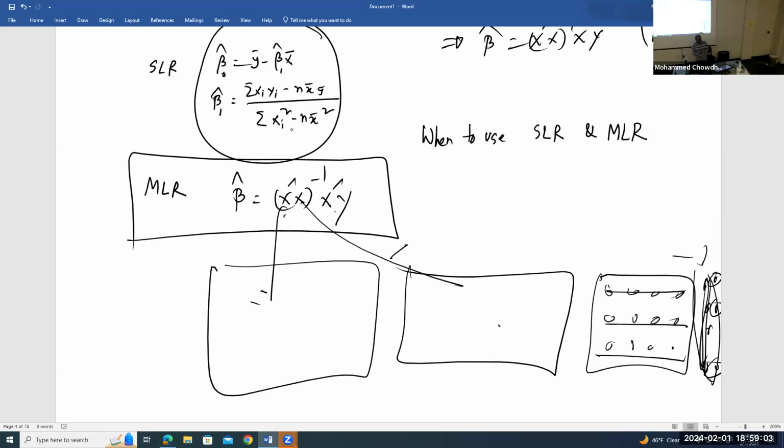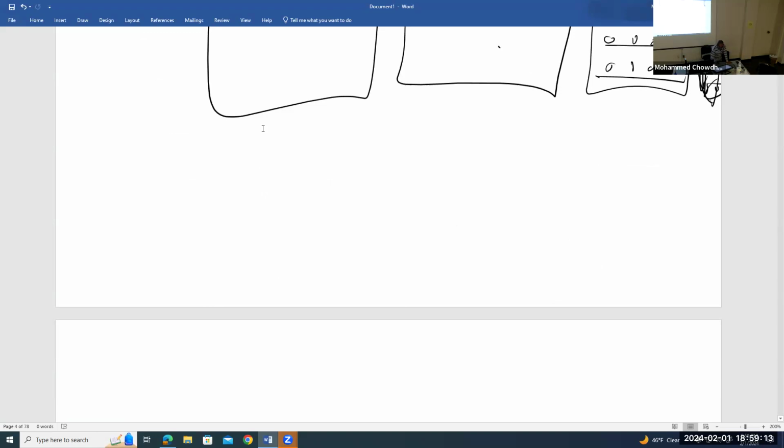Now I want to tell you when to use this regression. Listen carefully. If you want to use this regression, first of all, y must be continuous or quantitative. If your y is not continuous, if your y is count data, like number of accidents, number of phone calls, number of children born per woman, you cannot use this.